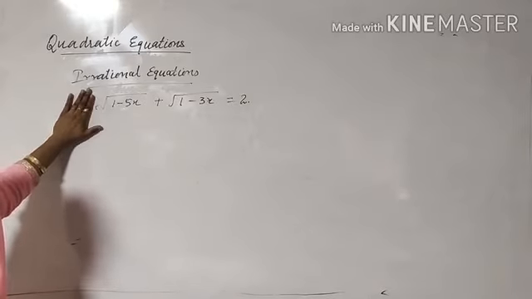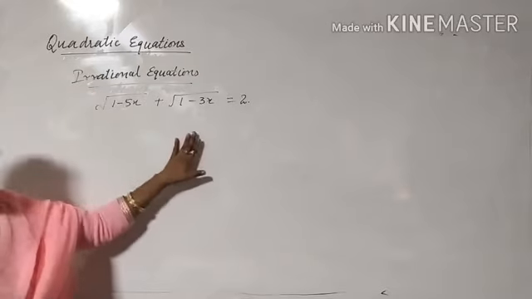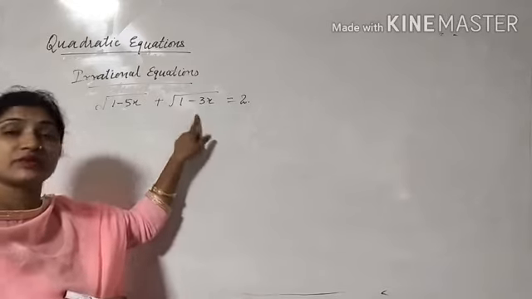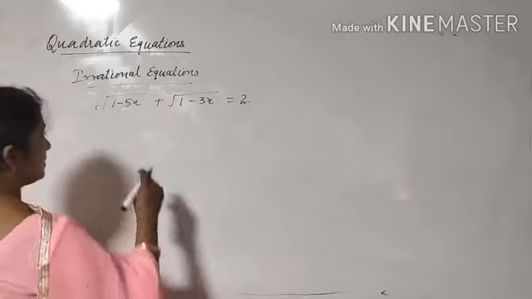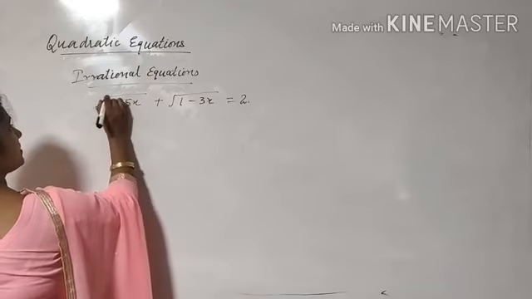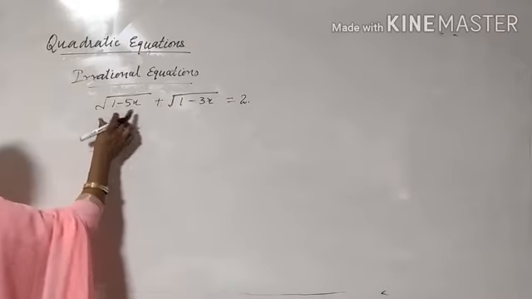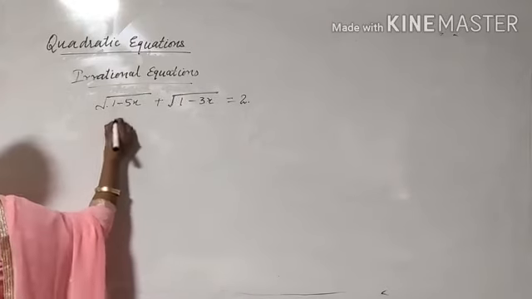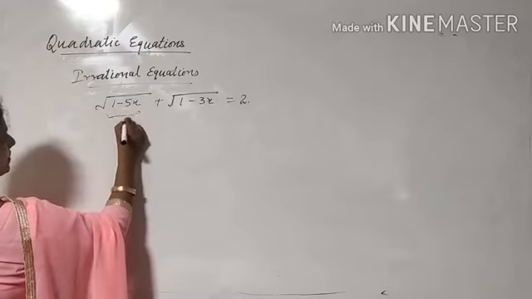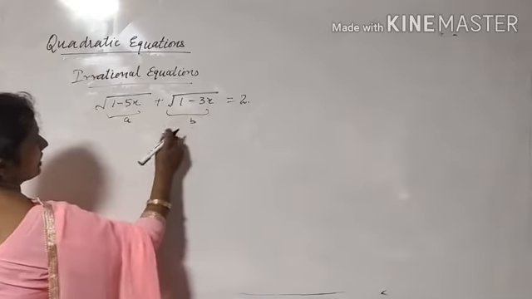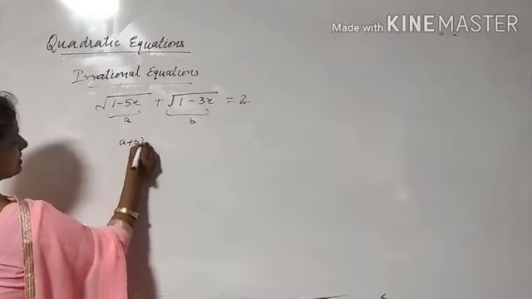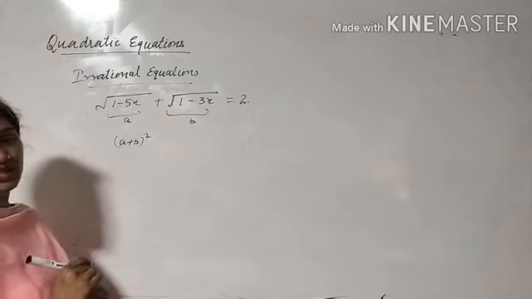In this type of equation, what we do is first we square on both sides. We try to remove these terms that have square roots on them. So when squaring both sides, what do we have? Suppose this is a, this is b. So (a + b)^2 is a^2 + b^2 + 2ab.